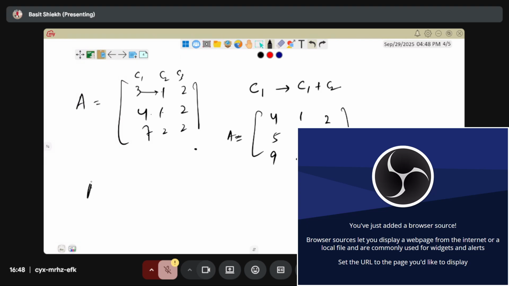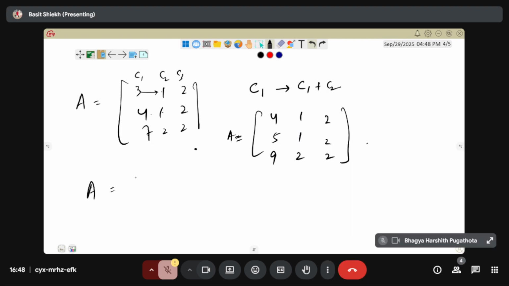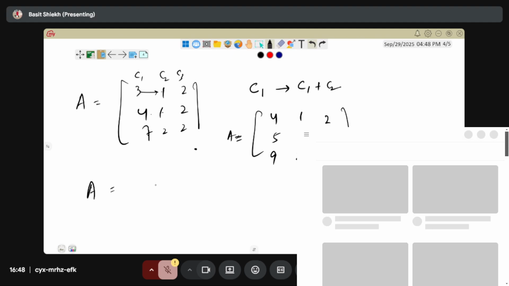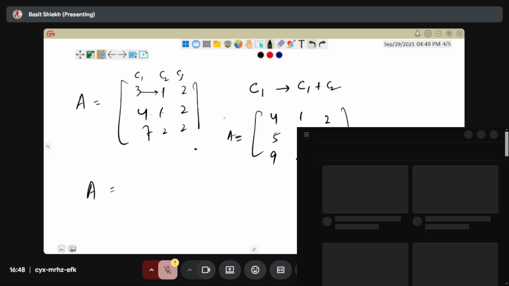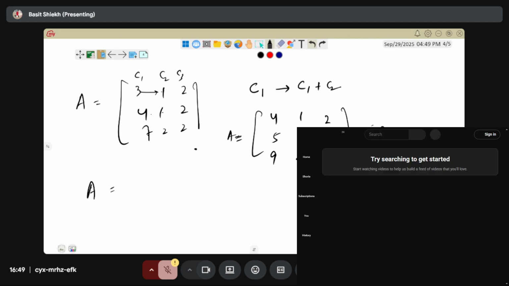We have matrix A. We either apply row transformations on it and it will give us some other matrix. Here we operated column transformation and we got this matrix. Let's consider this as matrix B. Now these two matrices are equivalent.